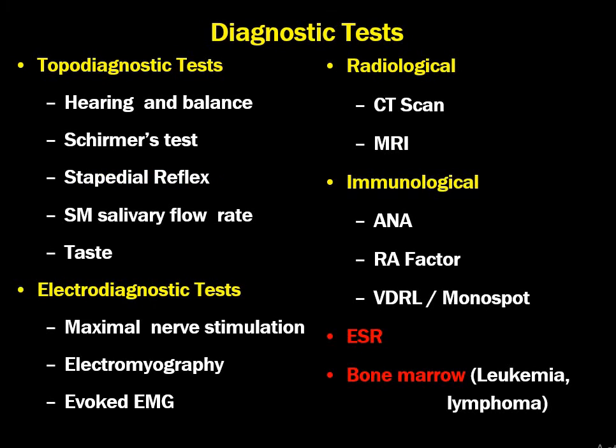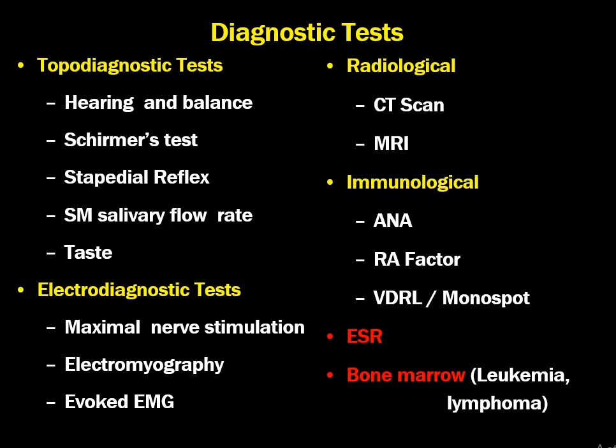How to diagnose facial nerve paralysis? We can diagnose facial nerve paralysis by topodiagnostic tests. This gives an idea of the site of damage. They are hearing and balance tests, Schirmer's test, stapedial reflex test, and submandibular salivary flow test. Electrodiagnostic tests help to identify the amount of facial nerve injury in comparison to the opposite side.